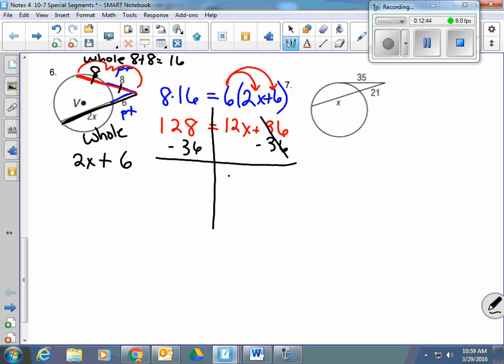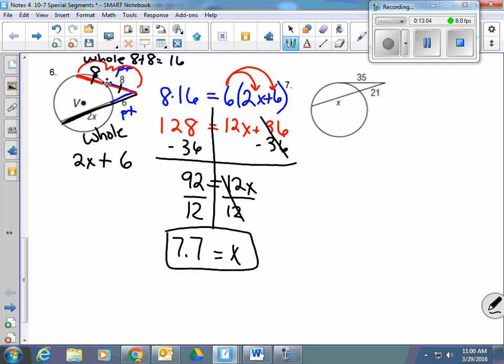And that gives me what? 92. Now what? Good. Divide by 12. So now I know that x is equal to what? 7.6 or 7.7? Good. How many of you had that? A couple of you? Good.